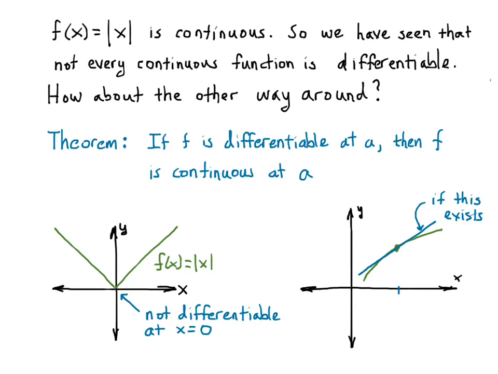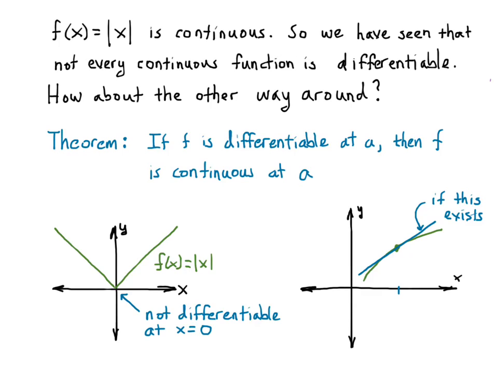Now, there are formal proofs of this, and I have given them in class before, and it's a kind of long, tedious proof, and I don't know that you get anything more out of it. The real gist of the proof is that if this thing exists, then it's continuous, right? And if it doesn't exist, it's not continuous.